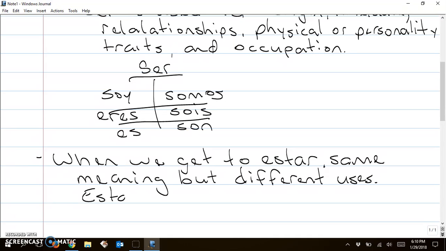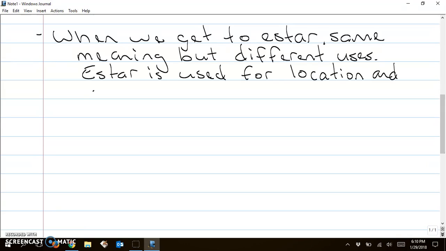Estar is used for 2 things: location and feelings/emotions.